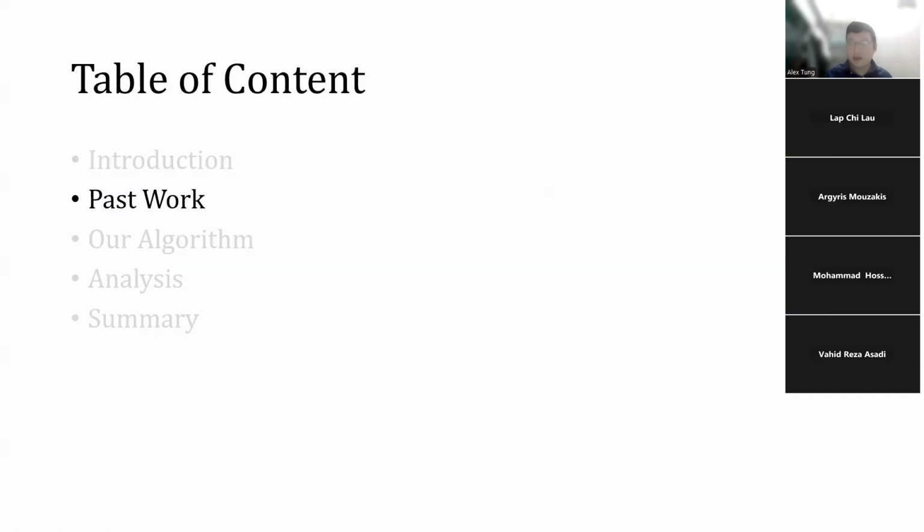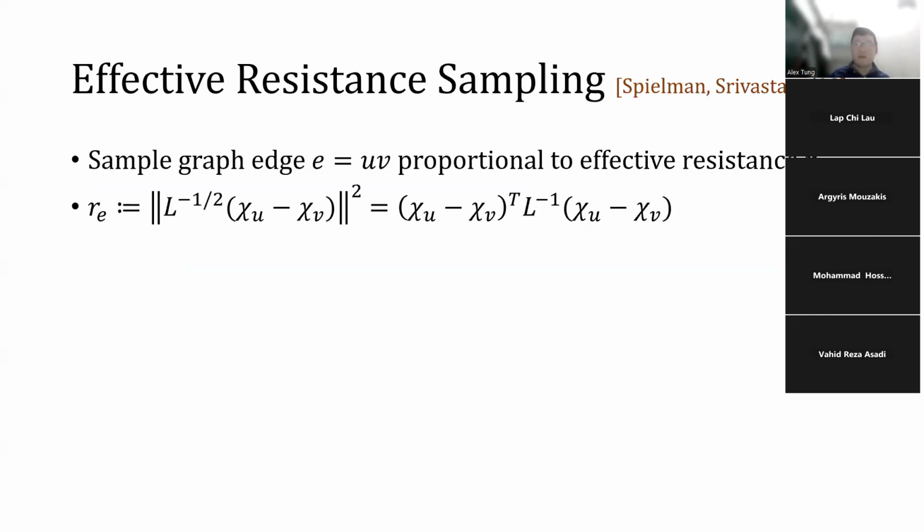Okay. I'm going to describe some past work on sampling-based sparsification algorithms before describing our algorithm. Again, let's go back to ordinary graphs. The most well-known sampling-based algorithm is based on the so-called effective resistance of an edge in the graph.